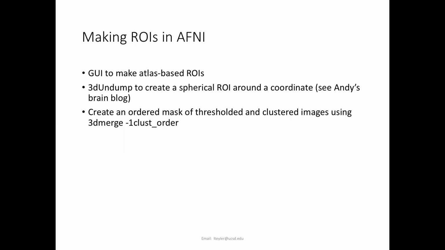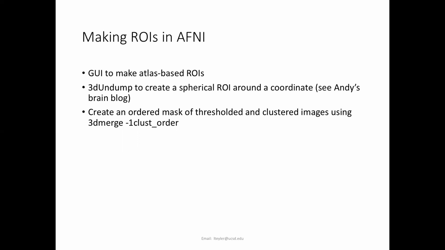Or if your mask has multiple regions, AFNI really likes it if you have ones in the biggest region, then twos in the voxels of the second biggest region, then threes. Having that 1, 2, 3 allows you to get a nice printout that separates the values and the statistics in each of the different ROIs. Does that make sense? So you need to make these ROI masks.